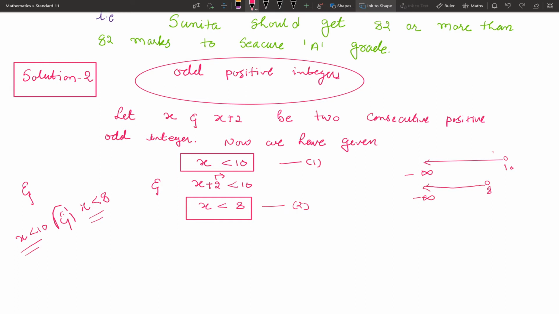The common portion is x less than 8, so we use this portion, which satisfies both inequalities simultaneously.